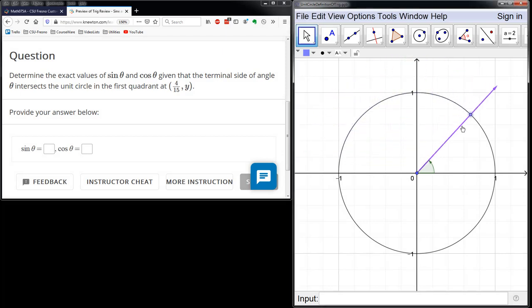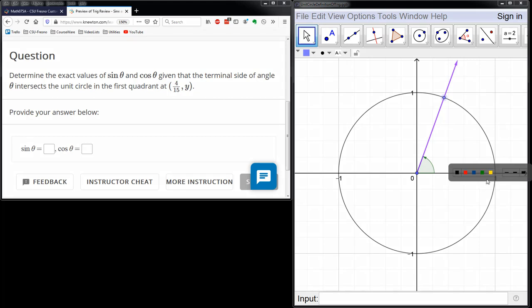So my angle should be over here somewhere. And 4/15 is about 1/3, so the x-coordinate of that point should be about 1/3. Just eyeballing it, if x is equal to 1 is here, then x equal to 4/15 could be about here.